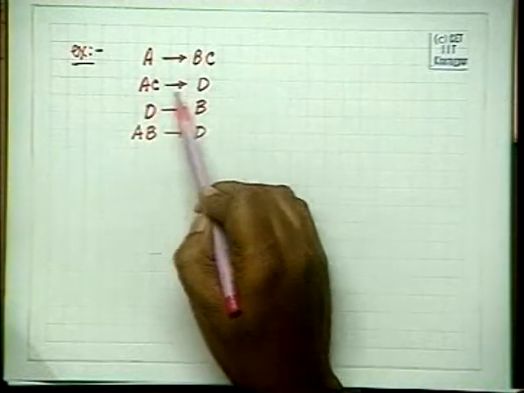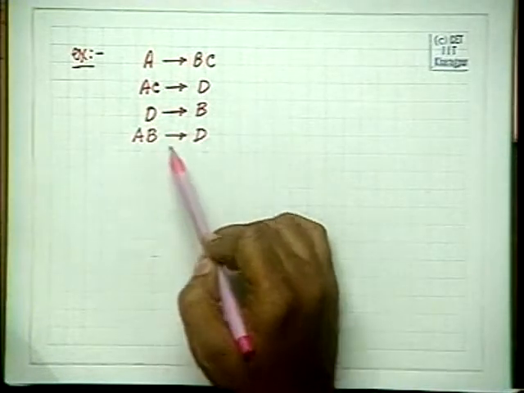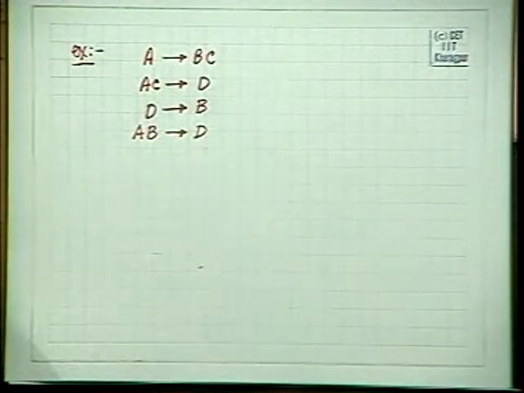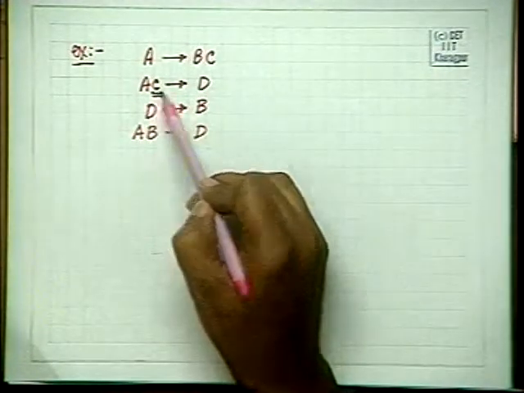I will take a quick example before terminating. Let us see A to BC, AC to D, D to B, and AB to D. Now let us look at this.